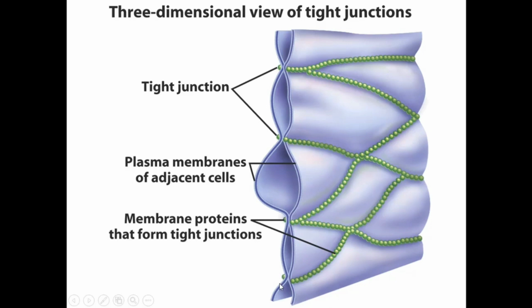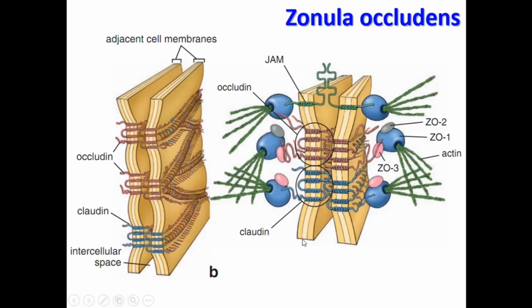Let me magnify this part in another slide and see the proteins that participate in forming this junction, or zonula occludens. You see we have a lot of proteins. Two important proteins that participate in forming these junctions are claudin and occludin. You see one claudin protein from this cell attached firmly to another claudin protein from the other cell, and also occludin like this.